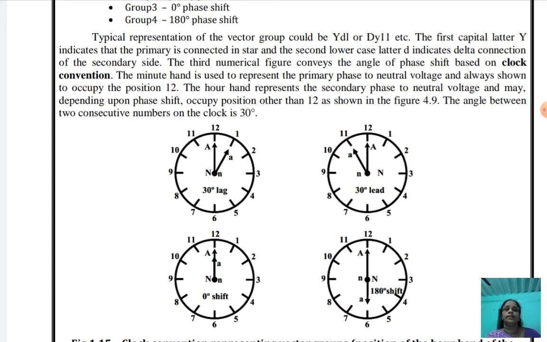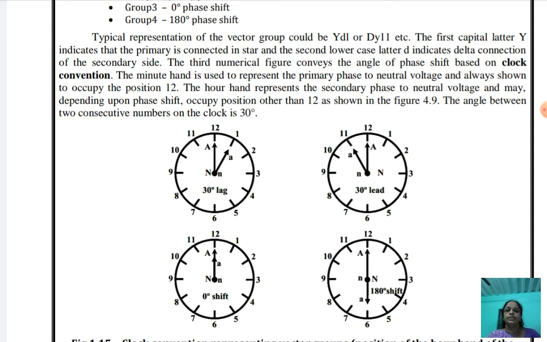So the minute hand represents the primary phase voltage, and the hour hand represents the secondary phase voltage. In the first diagram, the clock shows the 1 o'clock position. 1 o'clock position means a 30 degree lag, that is the minus 30 degree phase shift only. In this case, which one is the minute hand, which one is the hour hand?